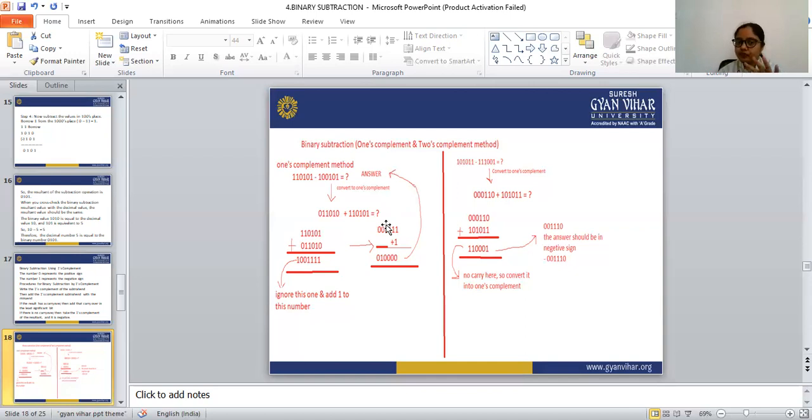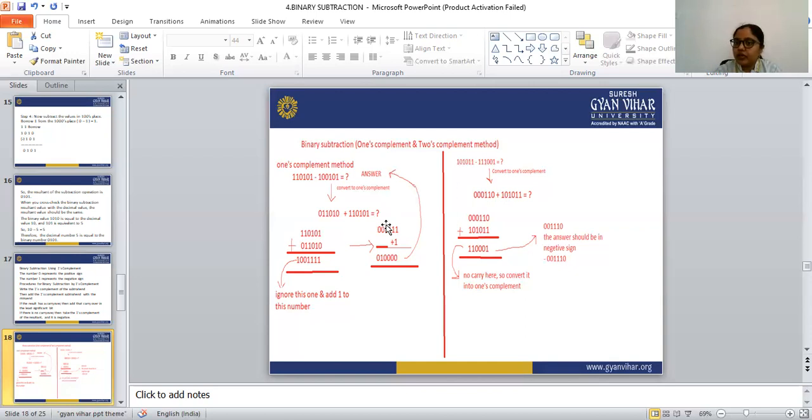If we get 1 digit more in the answer when we compare to the question, we have to ignore that extra number and do the binary addition of the remaining number with 1. The resultant number after adding 1 to the remaining number is the correct answer of the question.